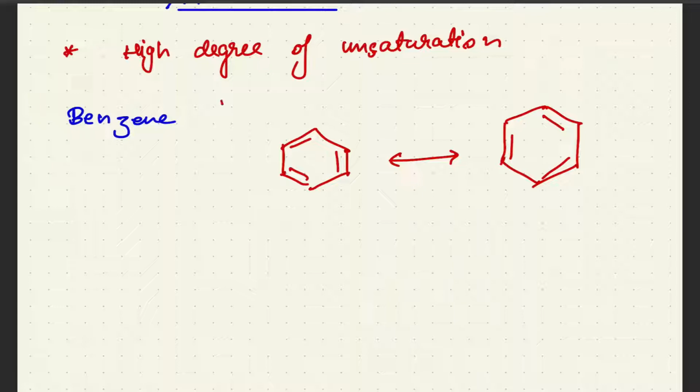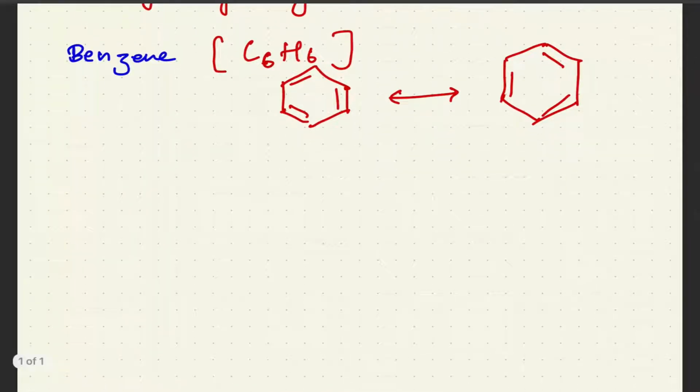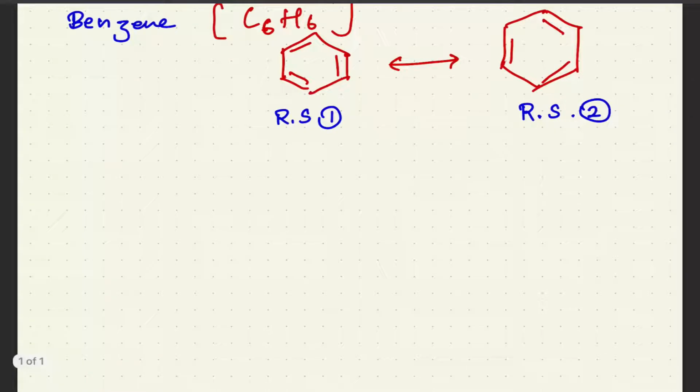So, the formula representation of benzene is C6H6, and these are the resonating structures of benzene. So the overall structure of the benzene is something like this.